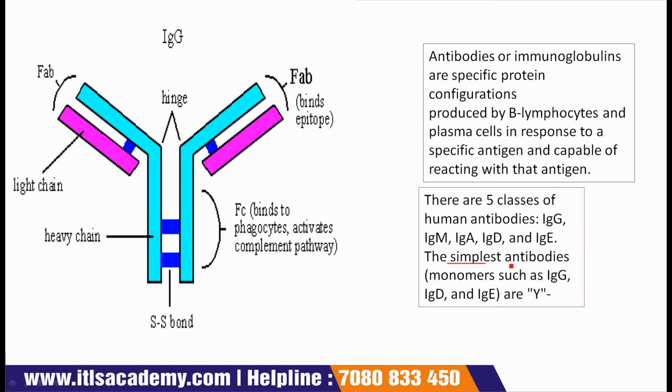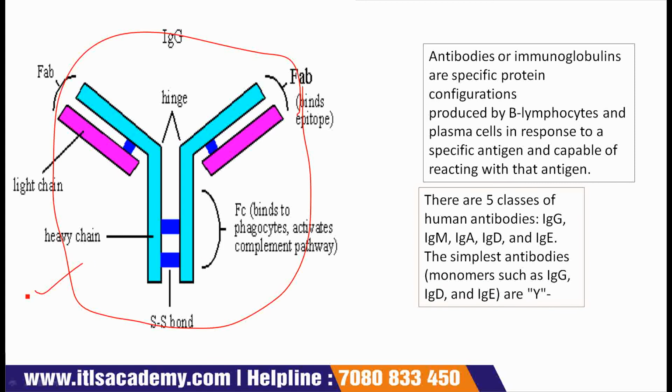The simplest antibodies, that is monomers such as IgG, IgD and IgE, are Y-shaped. You can see this particular structure shown over here is the simplest shape of the antibody.